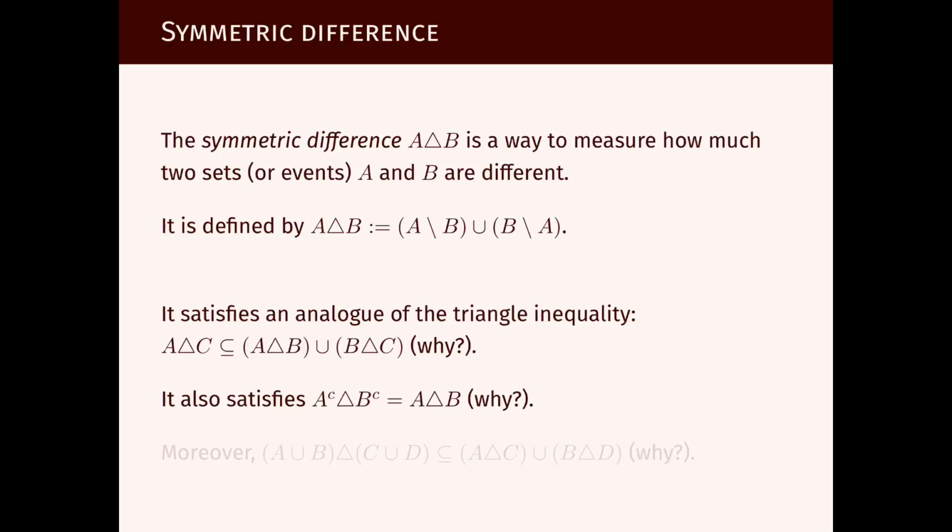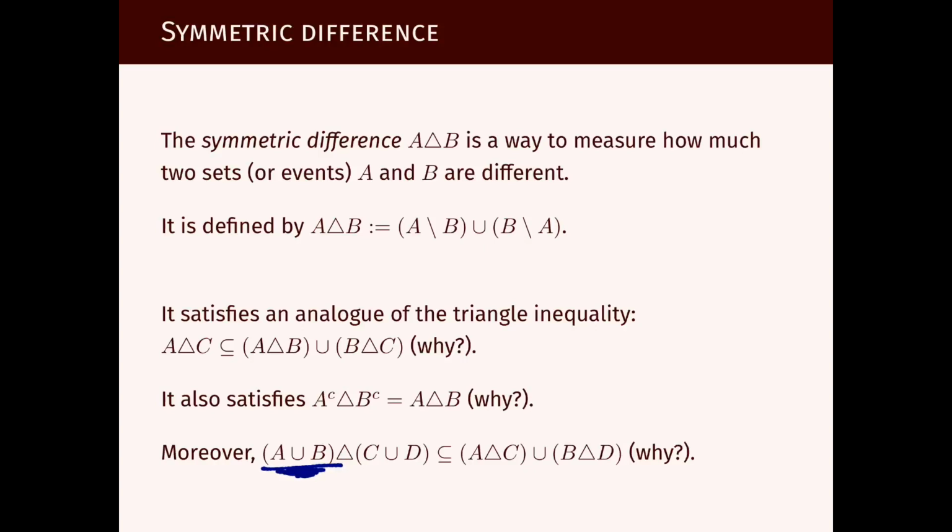Another property the symmetric difference has is that the symmetric difference between the complements of two sets is the same as the symmetric difference between these two sets. I ask you to write a proof for yourselves as an exercise. And finally, if we take a finite union of sets, since that works with two, you can extend it to finitely many.